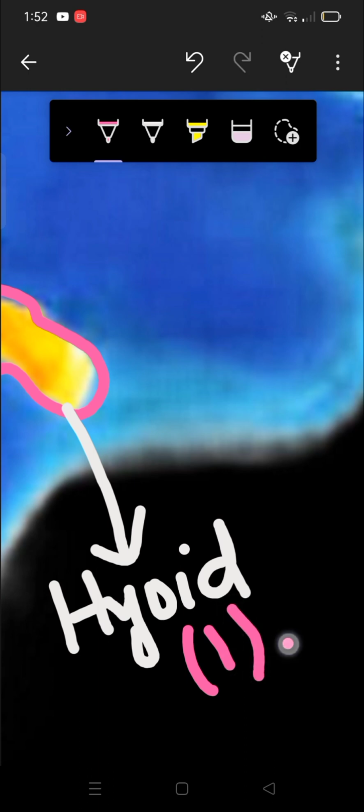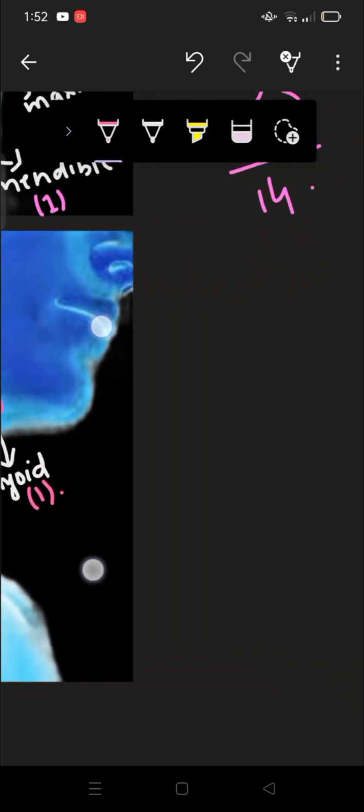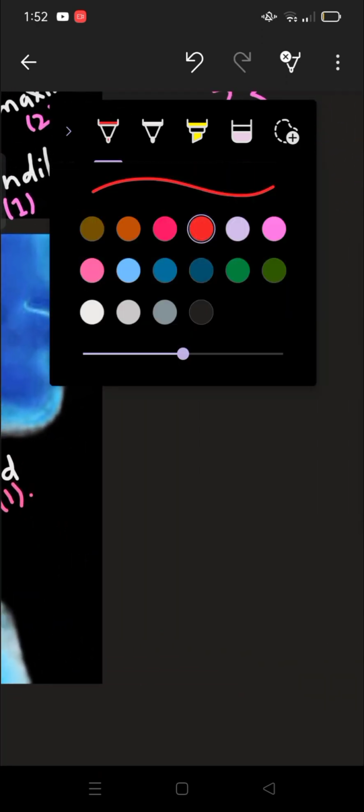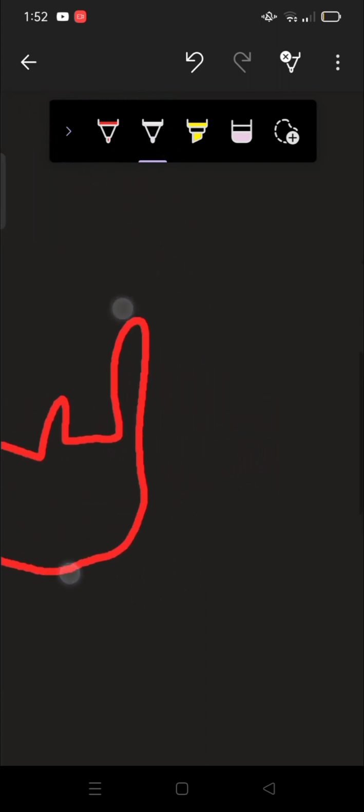So let me write that as well. Let me tell you what it looks like. I'm making that with red color. This is the structure. Here we have the hyoid bone.